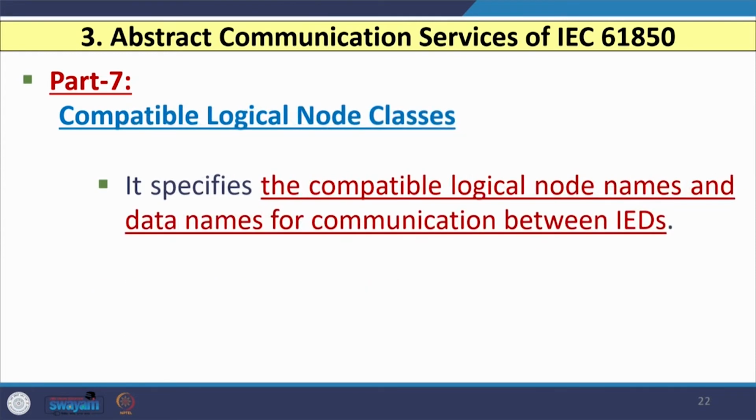Under part 7, in compatible logical node classes, this specifies the compatible logical node names and data names for communication between two IEDs. How the logical names are given, what the importance of logical functions is, how the logical nodes are defined, and how logical nodes communicate with logical nodes of another IED, all those things are covered in part 7.